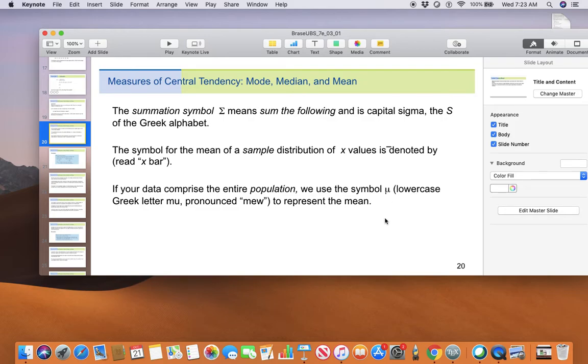Mu is the lowercase Greek letter mu, used to represent the mean. So what do these notations mean? X bar, that is x with a line over it, is the mean of a sample distribution. Mu is the mean of the entire population.